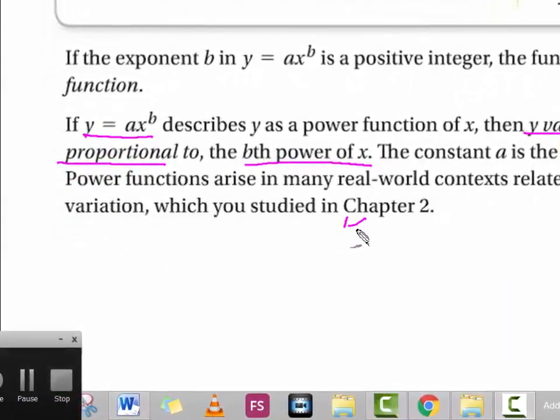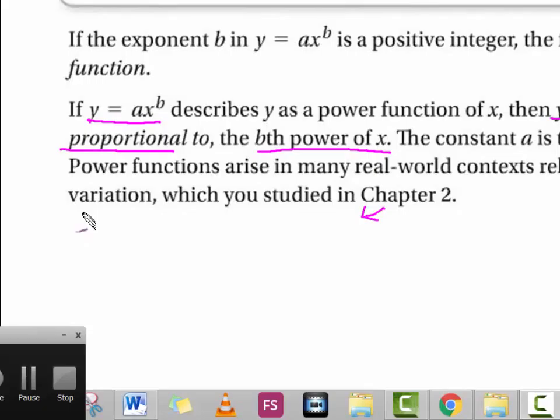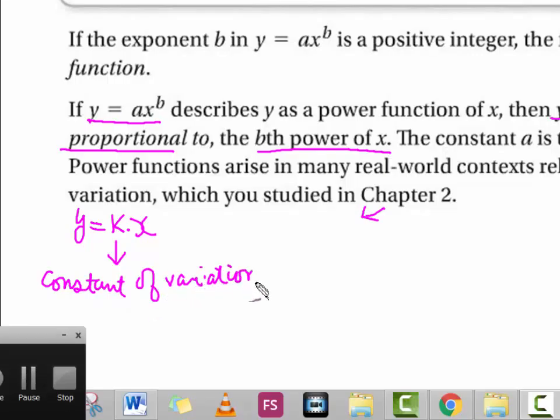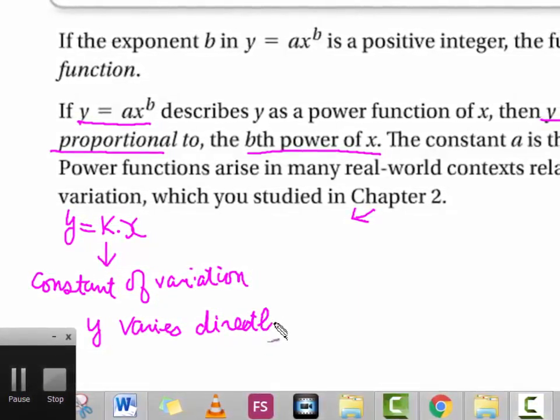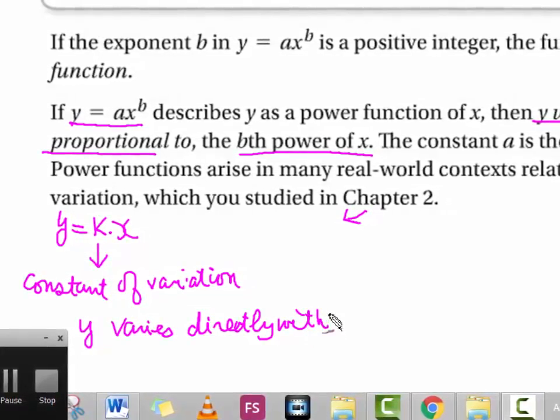In chapter 2, we learned the concept of y equal to kx, k times x, and we call k the constant of variation. And we can also say y varies directly with x.